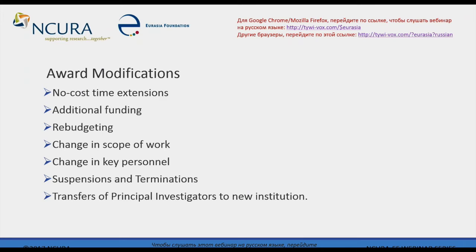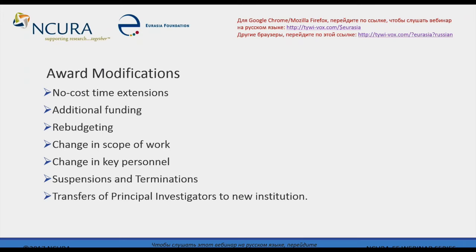Rebudgeting. Sometimes when proposals are developed and the initial budget is prepared, things change, and it's necessary to increase the expenses in one category, say salaries, and decrease them in another, say equipment. Sponsors have specific requirements on when rebudgeting is allowable, what types of approval is necessary, and the process for getting that approval.